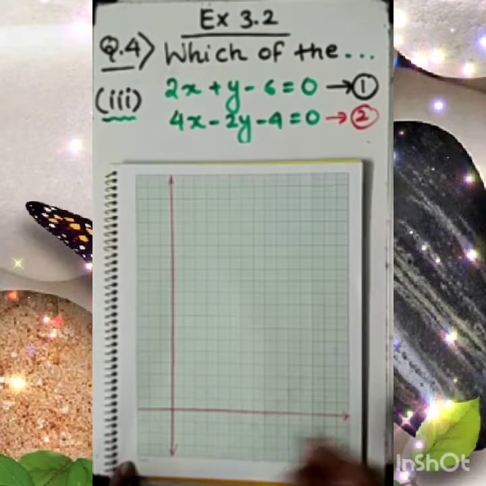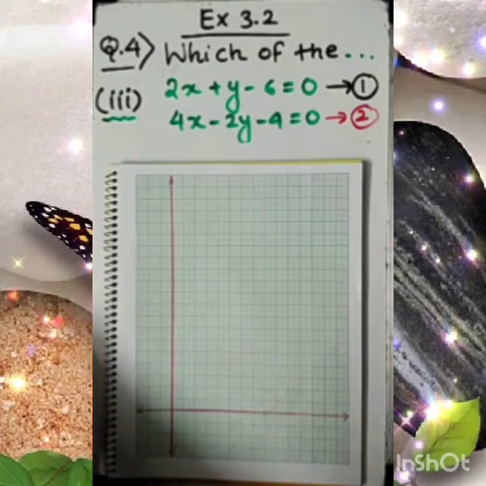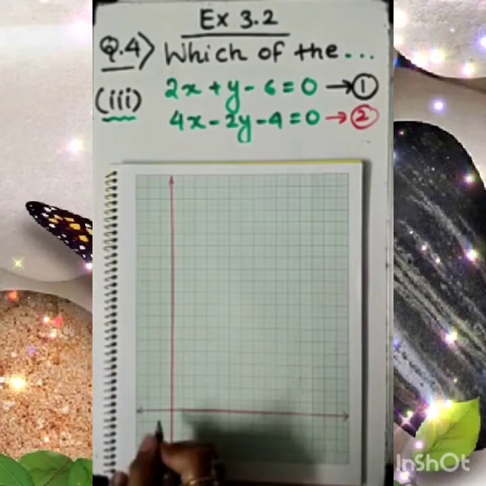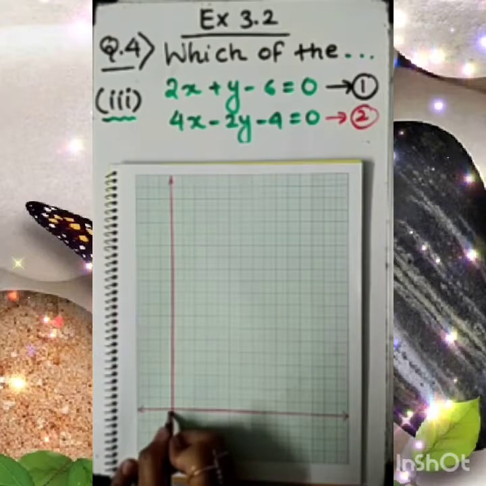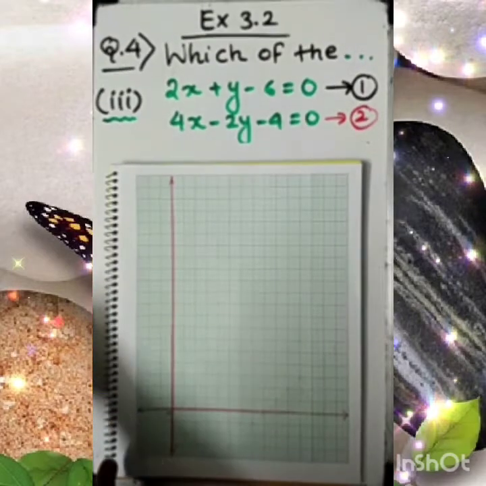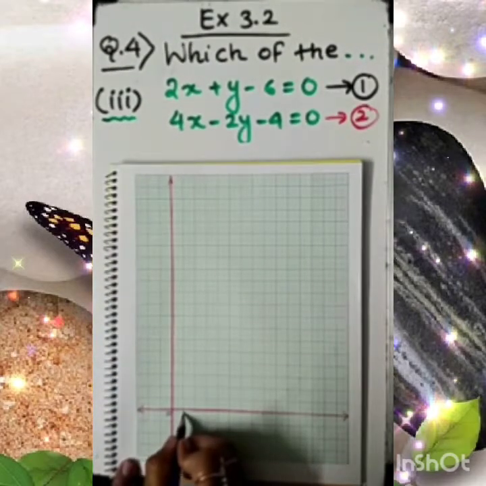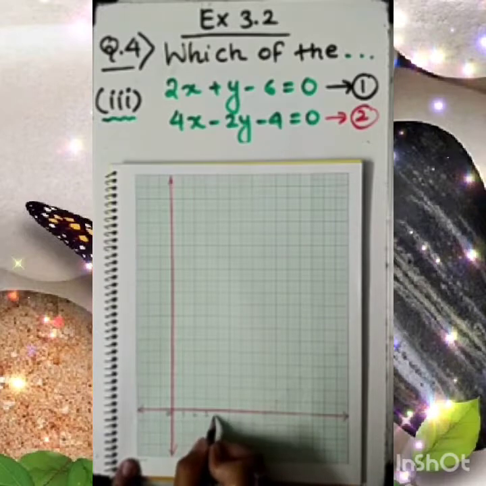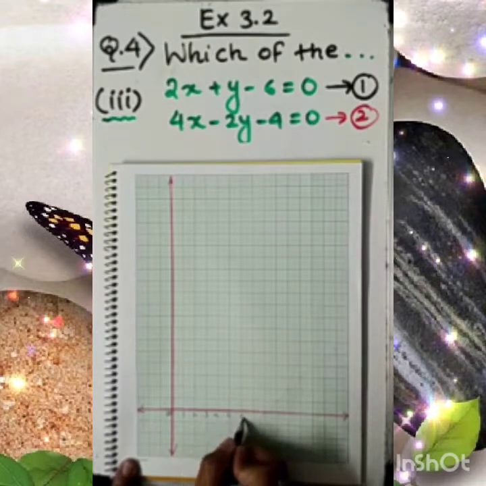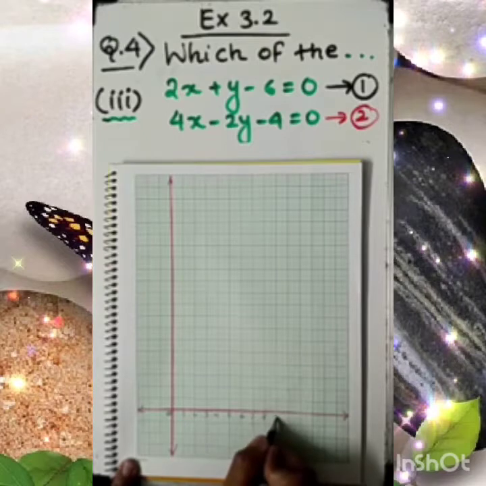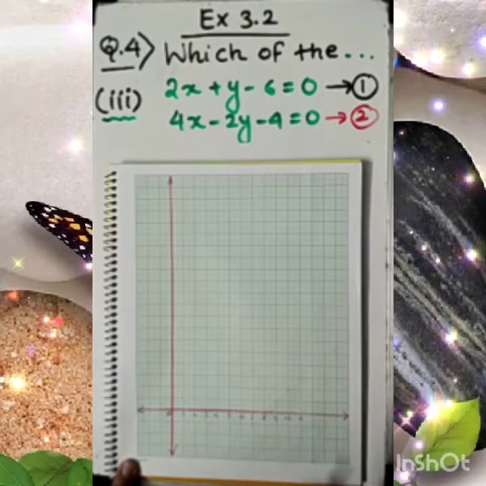Now as we know that all the points are whole numbers, that is 0, 1, 2, 3, 4, like that. So here, student, I am marking the origin. Now here I am choosing 1, this is 2, 3, 4, 5, 6, 7, 8, 9, 10, 11, and so on.